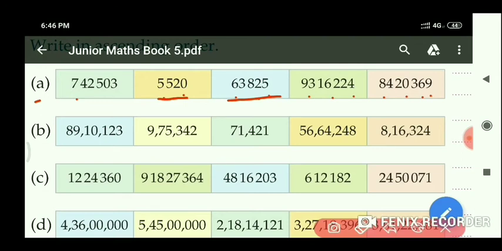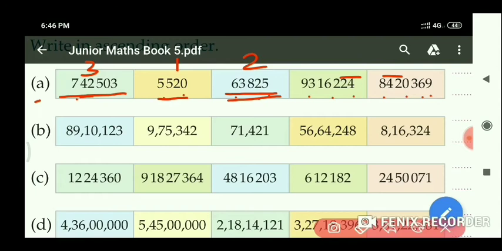So 1000 is smaller than lakh and 10,000. So the first number, what will be the smallest? 5,520. This is given in the 10,000 place. So the second number will be 63,825. The last fourth and fifth, these two numbers are given up to 10 lakh, and the first number is given up to lakh. So lakh is smaller than 10 lakh.